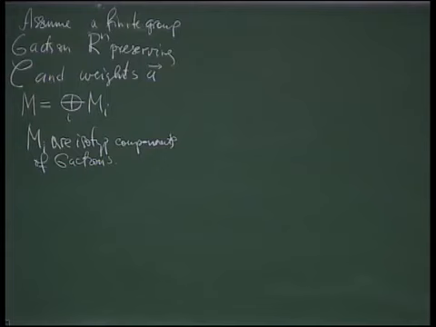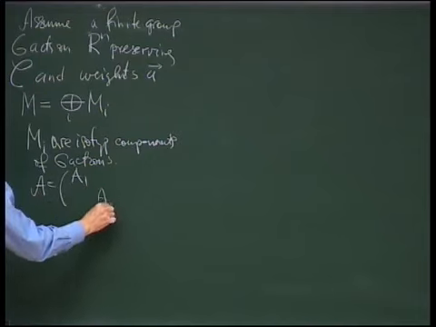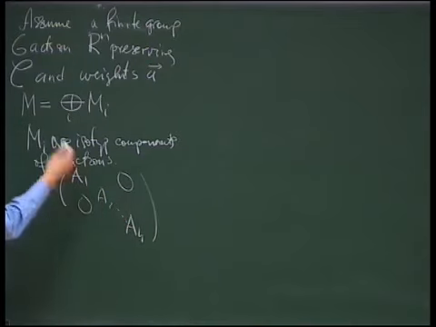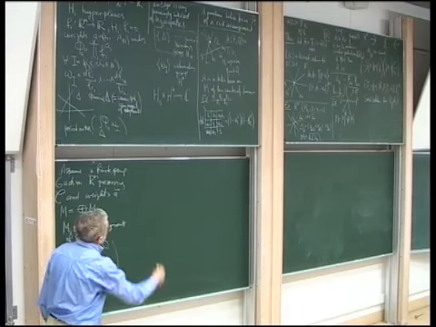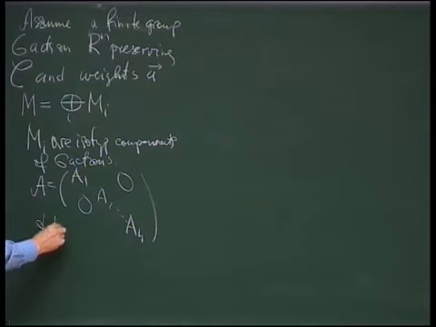And then the matrix A will have the block form A1, A2, AN. And the product of determinants is known and is equal to that formula which I mentioned previously. But the question is, what will be the determinant of A_i?